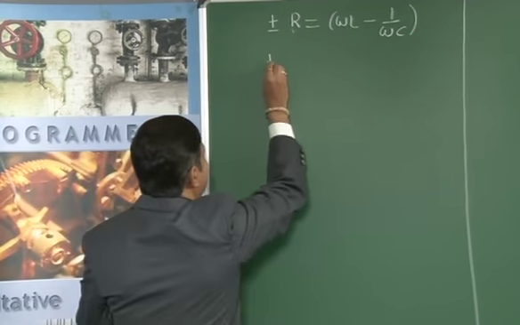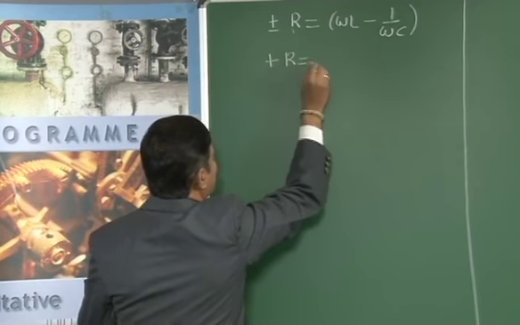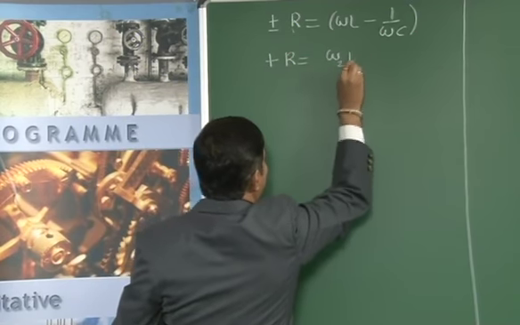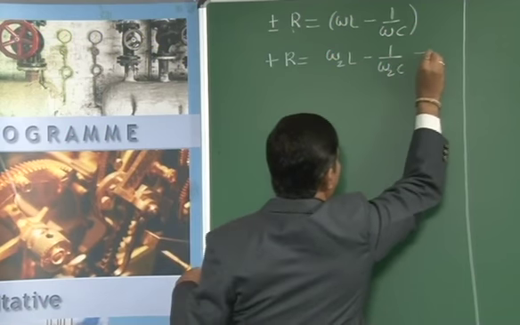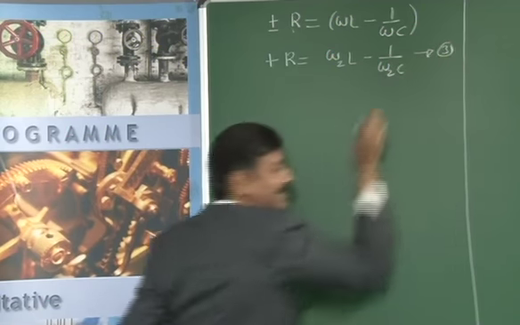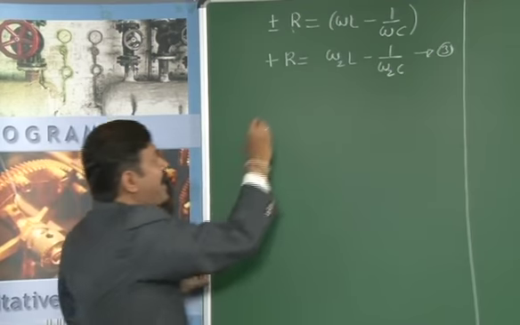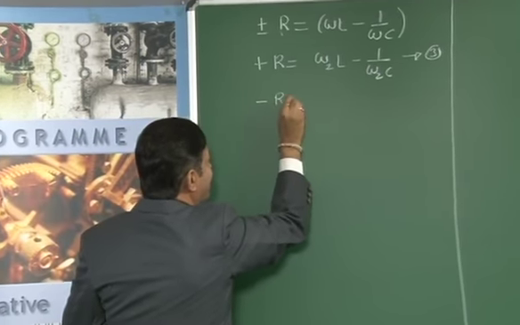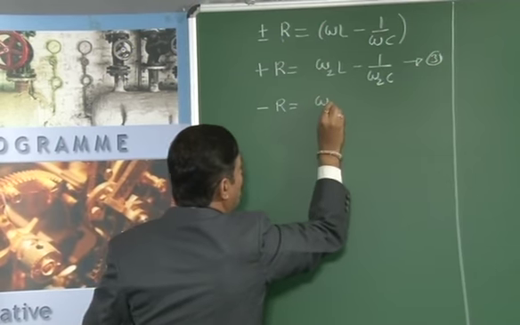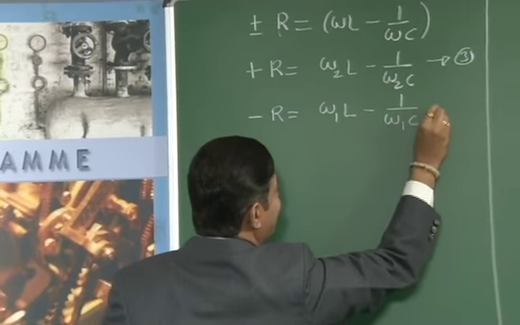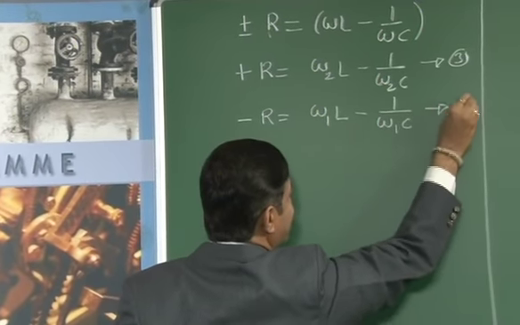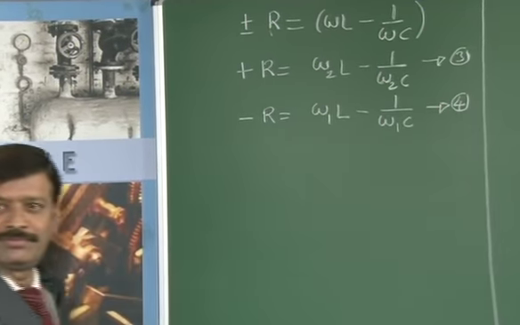This can be written as plus R is equal to omega 2 L minus 1 by omega 2 C. I have called this equation 3. And minus R I have represented as omega 1 L minus 1 by omega 1 C. This expression is equation number 4.